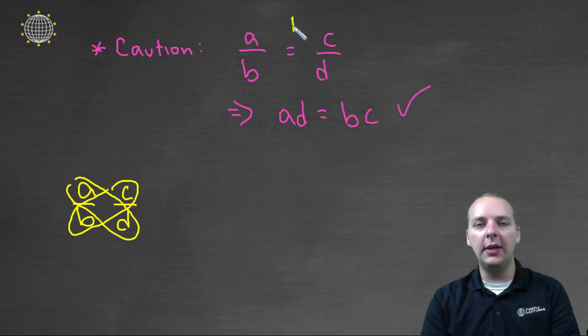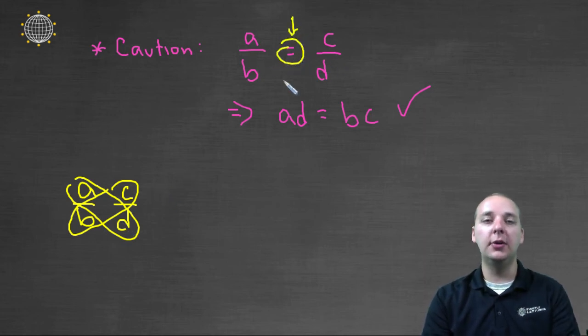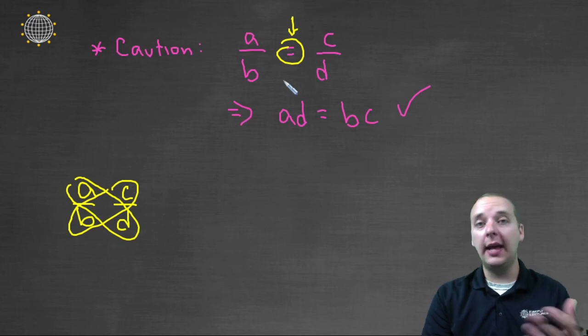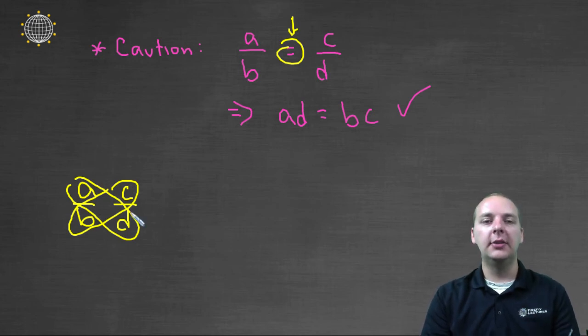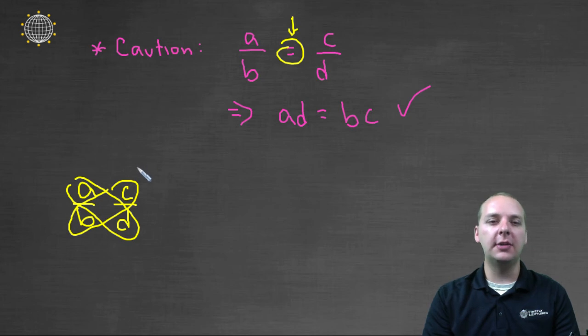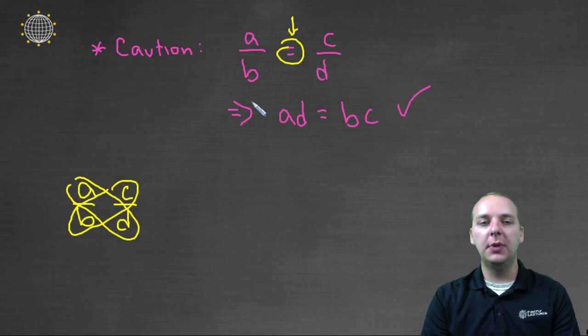If there's no equal sign between these two terms, if it's not a proportion, you can't do cross multiplication. And so usually that's just an oversight by students. They're just not paying attention. But now that I've called your attention to it, just make sure you don't make that mistake on a homework or a test.